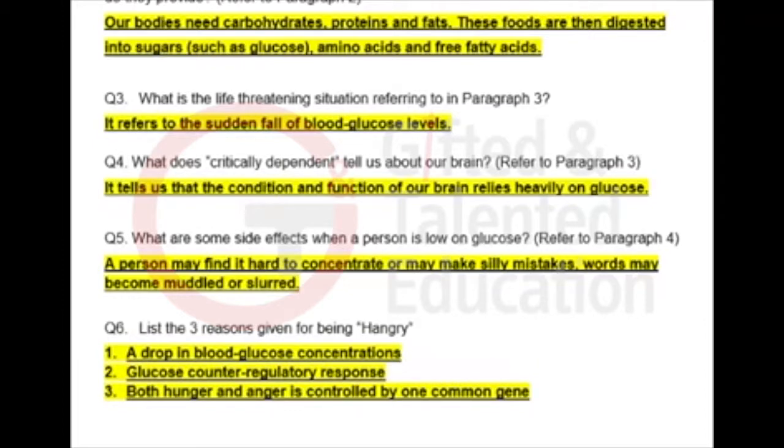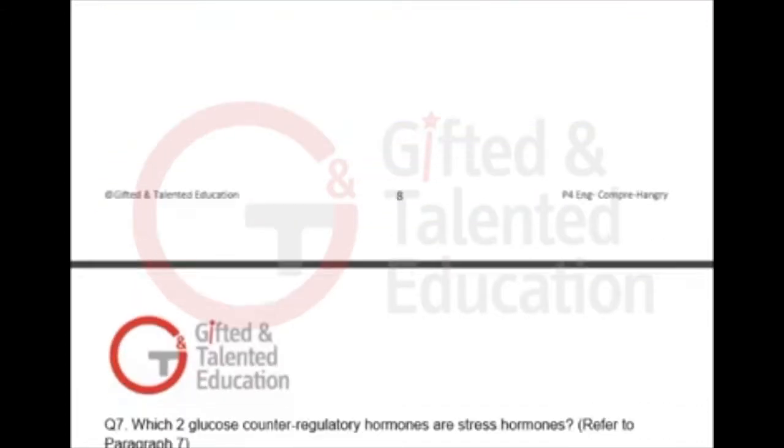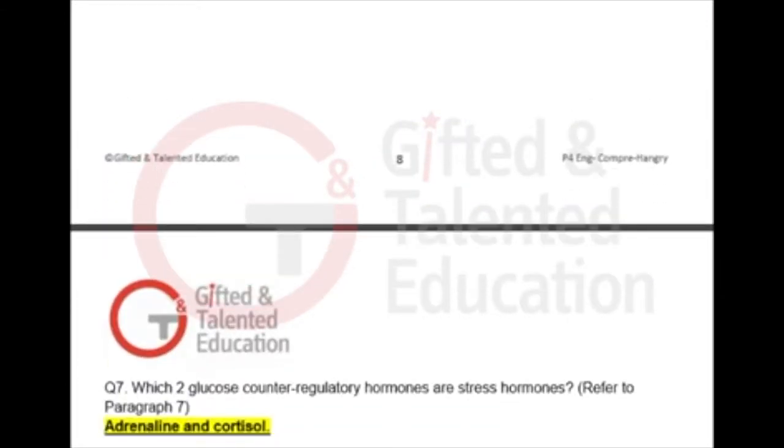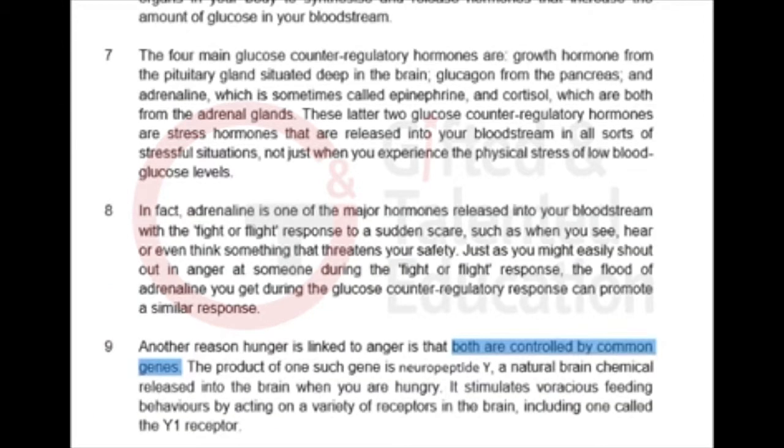Let's move on to question 7. In question 7, you're asked to find which two glucose counter-regulatory hormones are also stress hormones. Well, let's take a look at paragraph 7. In paragraph 7, you realize there is a lot of information there.